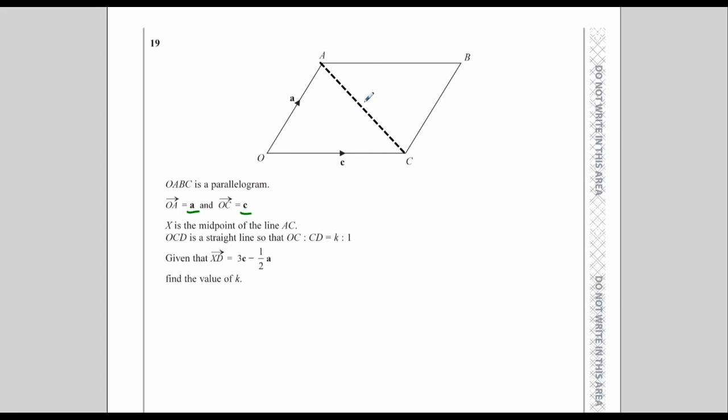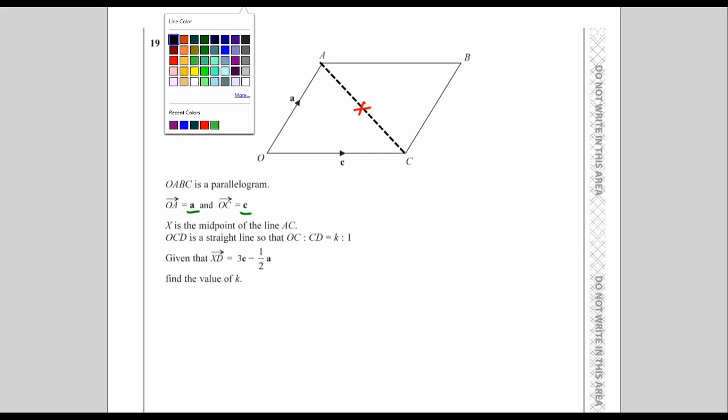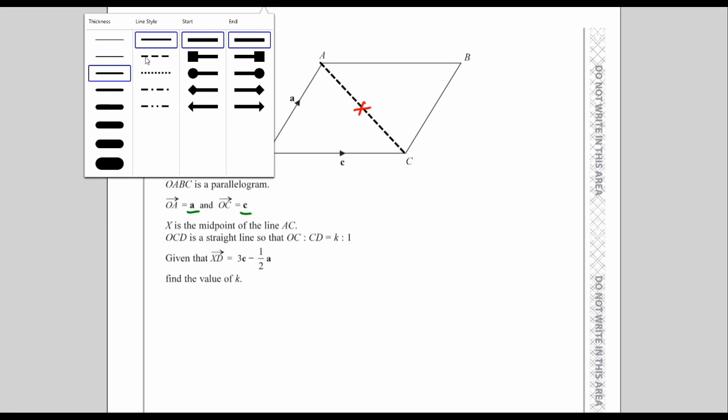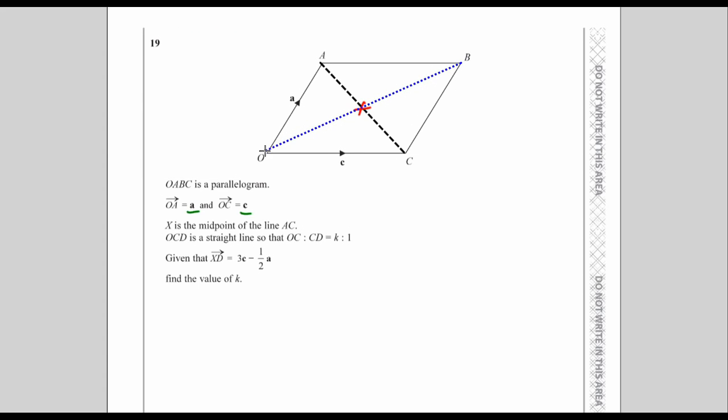Okay, and guess what? That midpoint is also going to be where the other diagonal crosses it. So let's put that on for good measure. Okay, let's go dotted again, I quite like that. Let's go this dot. Oh, what a guess. Bang in the middle. Right, anyway, X is a midpoint of the line AC.